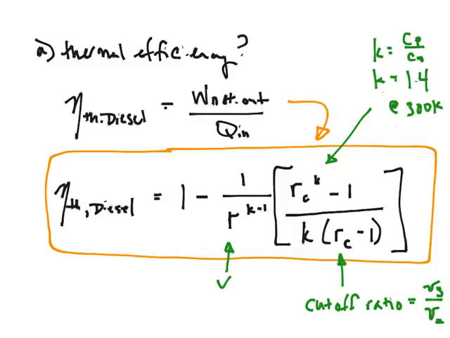So what we realized pretty quickly is that we don't know V3 and V2 yet, so we need to find the states at 2 and 3, if you can read that little note down there. Okay, so find the states at 2 and 3. All right, so let's do that now, and then we'll be able to find our thermal efficiency.